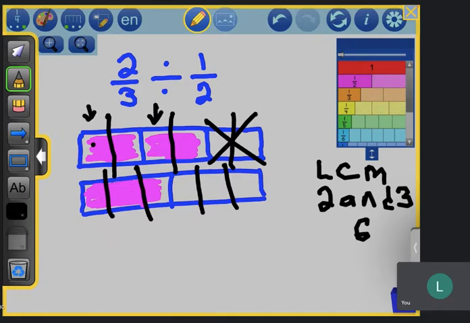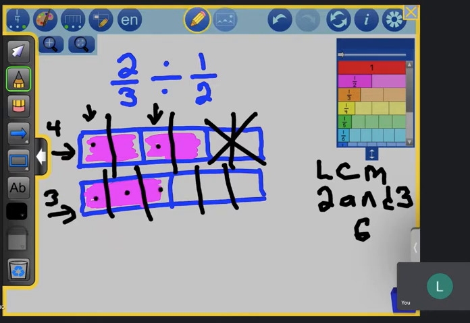So now I have sixths, and that's going to give me a common denominator because the models are equal now, right? So I can just count 1, 2, 3, 4 on the top, and that's going to give me my numerator. And on the bottom, I count 1, 2, 3, and this is going to give me my denominator.